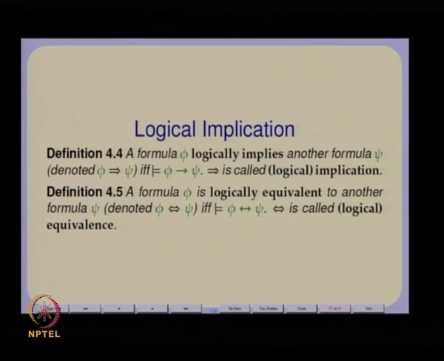So from the meaning of truth, what you are essentially saying is that you take any truth assignment to the atoms of propositional logic, phi and psi will be true at exactly the same points and will be false at exactly the same points. So we call this logical equivalence, and not just equivalence, though often it is just called equivalence.